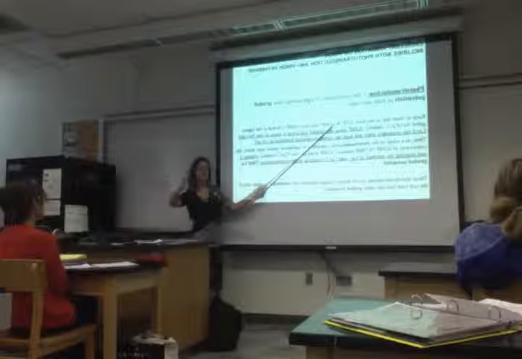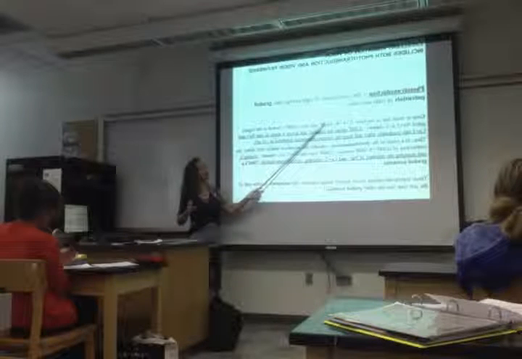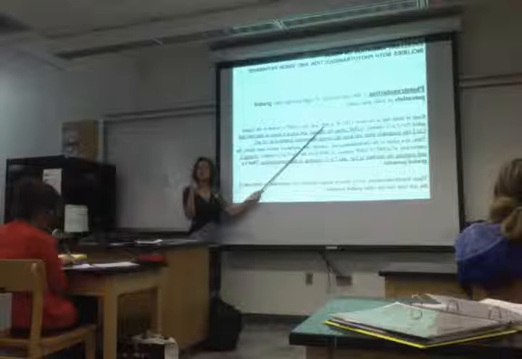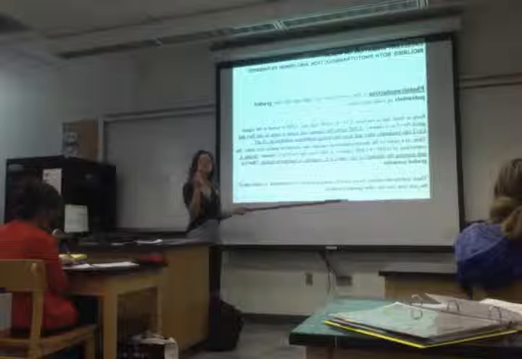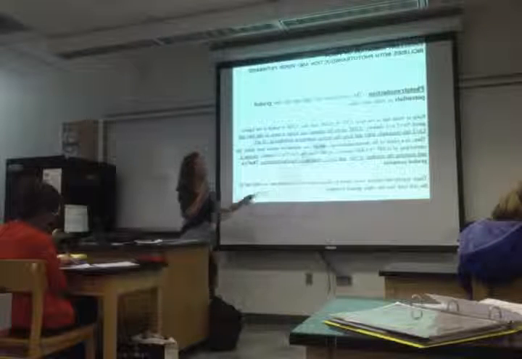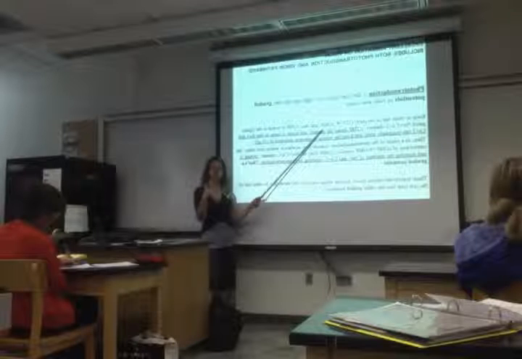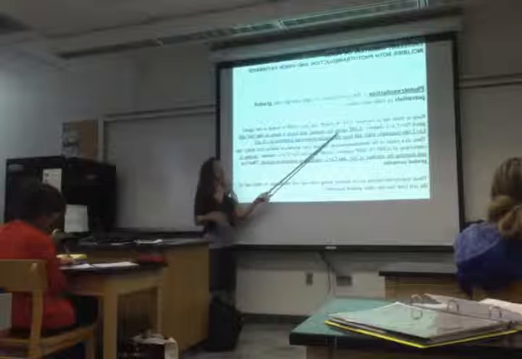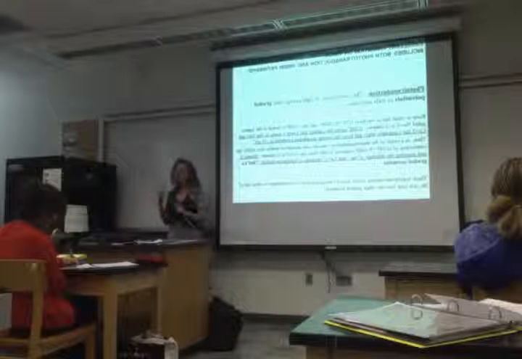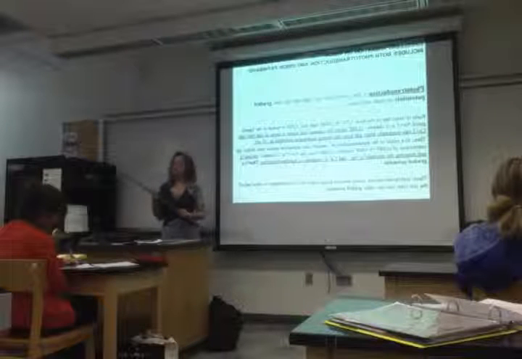The lowercase c stands for cyclic, and GMP, M is for mono, so one phosphate. We've seen GDP, we've seen GTP, T for tri, D for di, and now we're seeing GMP, M for mono. And we put a lowercase c in front of it, so we've got cyclic GMP, cyclic guanosine monophosphate.